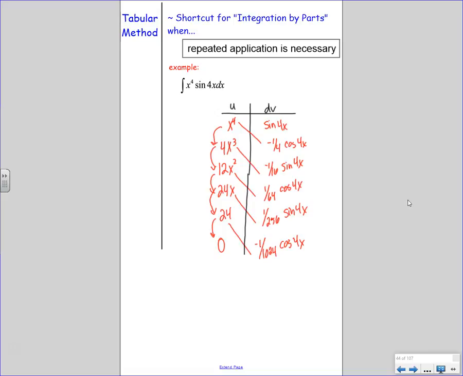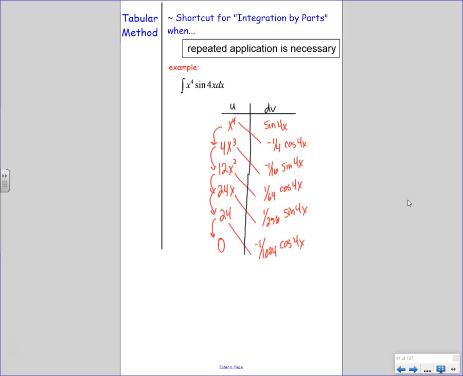That's what I do. The long story short is you would have uv, because the integral of dv is v. uv minus the integral of v du, which ends up being uv, another uv, minus the integral of another uv, another uv, another uv, and eventually you're down to where you don't have any left.